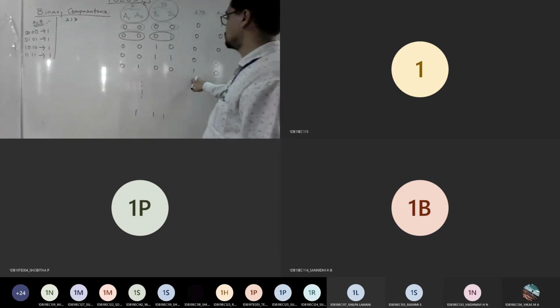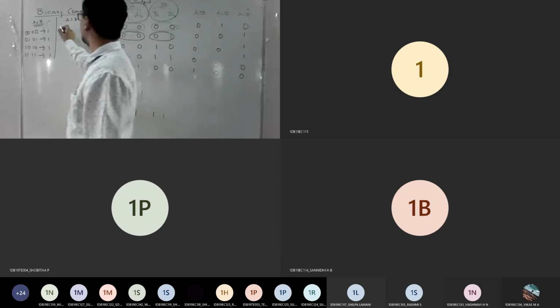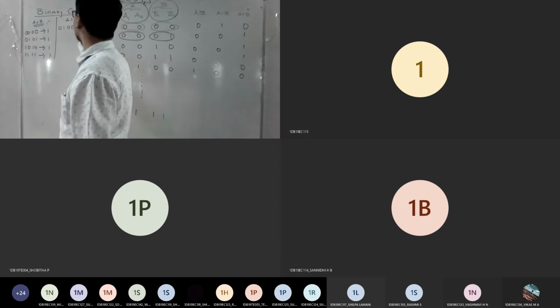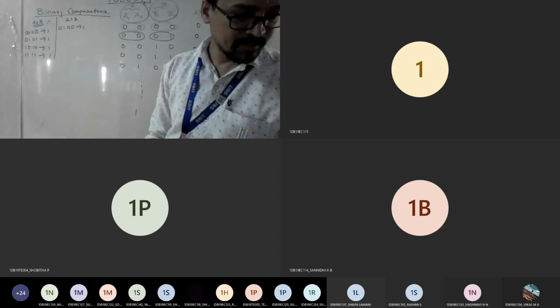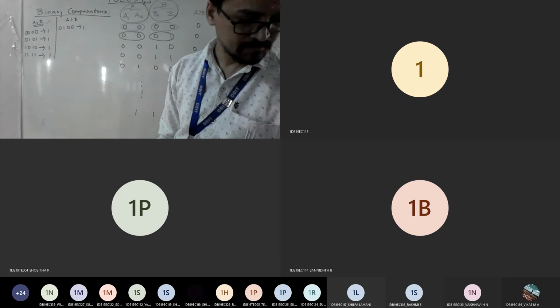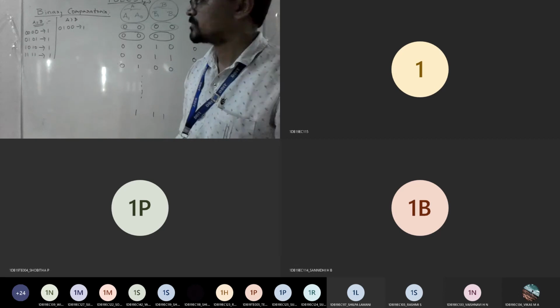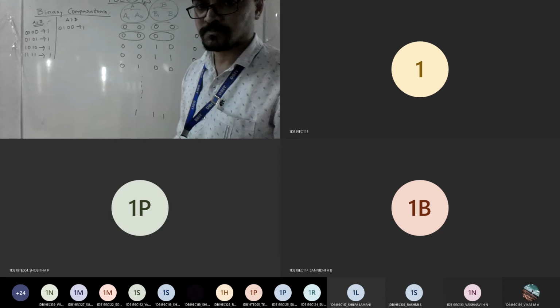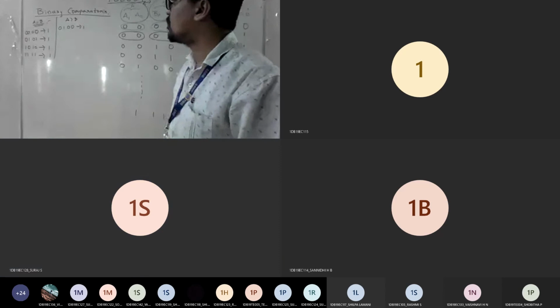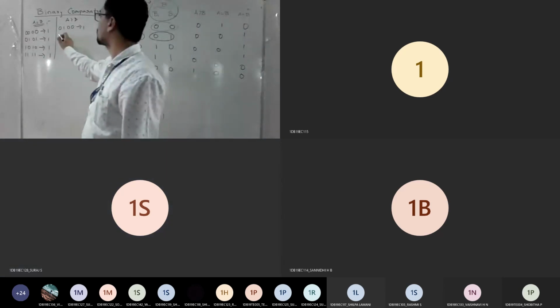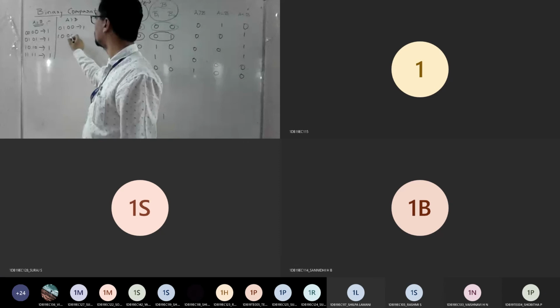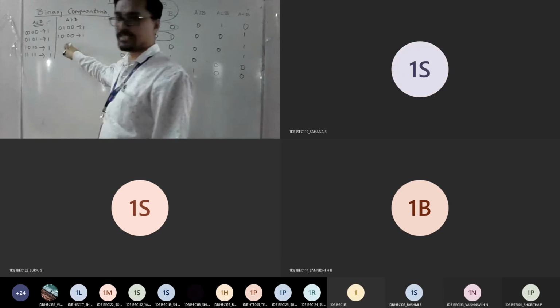Same way you tell me for A greater than B. I wrote 1 here, so that is for the 0 1 0 0 combination. After that, the next combination you'll draw: 1 1 0 1? 1 1 in front and 1 0 behind, you won't get this combination. 1 0 0 0, this you will get, right?